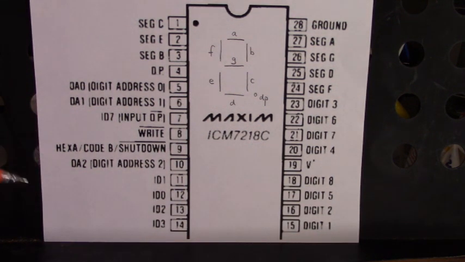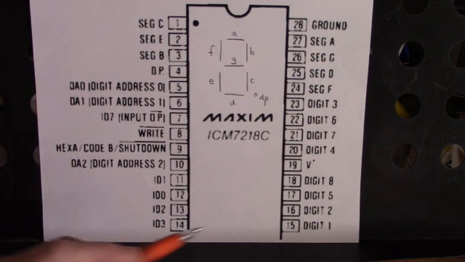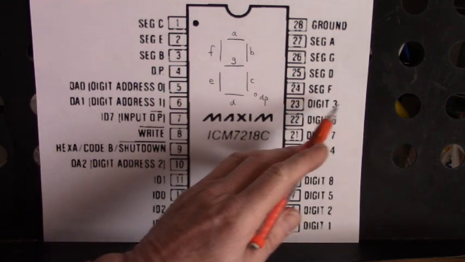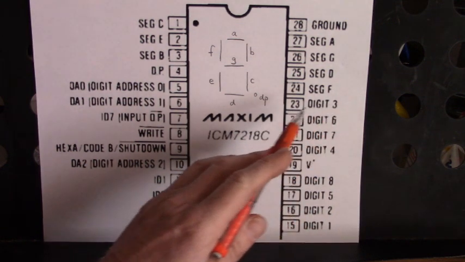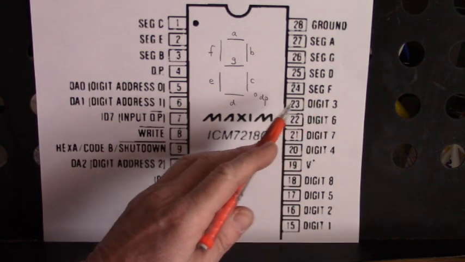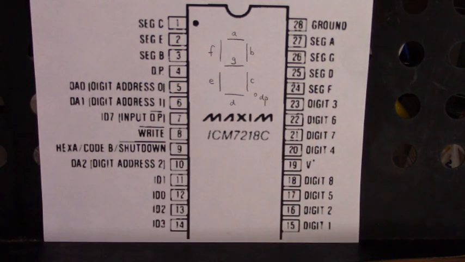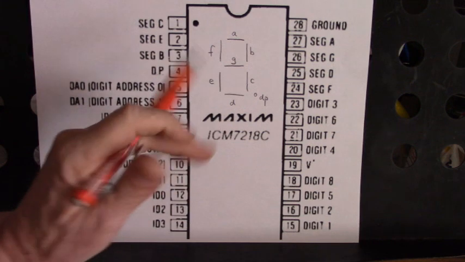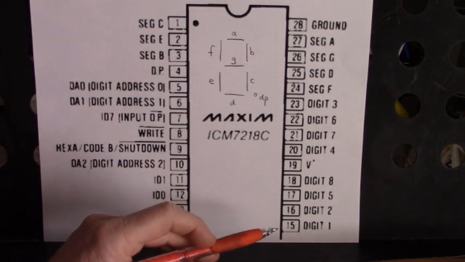Now if we had 0, 1, 0, this digit up here, this 7-segment display tied to pin 23, the common anode of that 7-segment display, would go high. This device can control 8 7-segment displays.